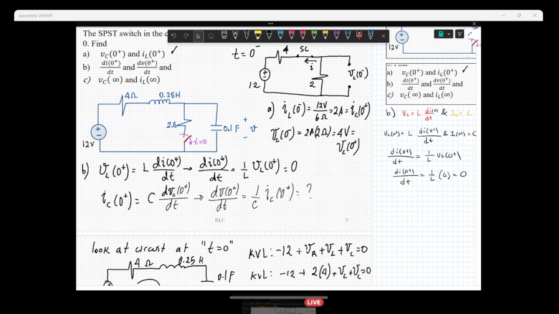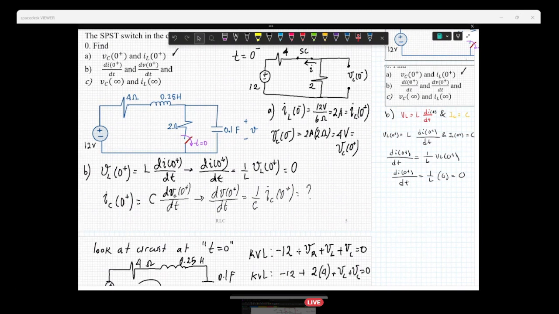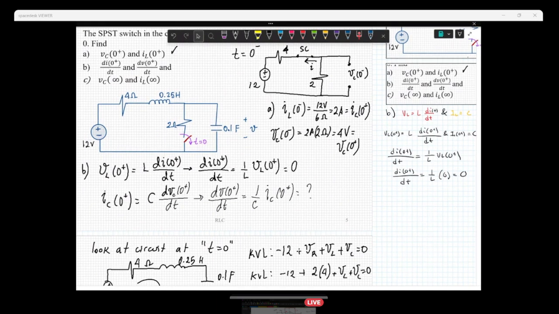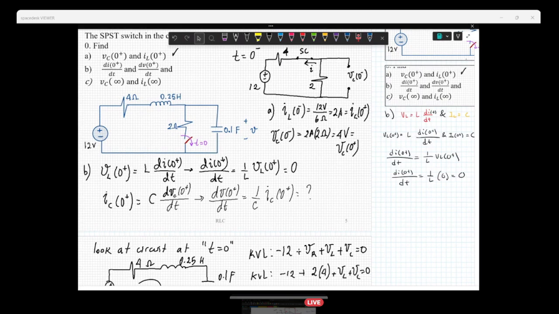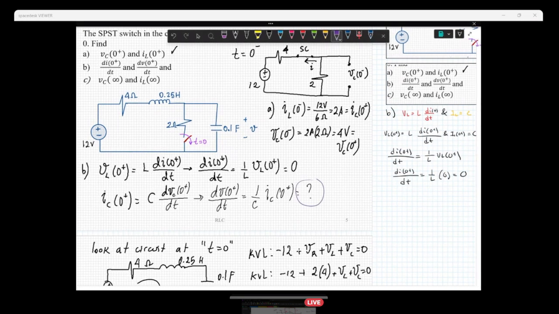If I do KVL, hmm, and then this is equal to IC of 0 plus. Yeah.